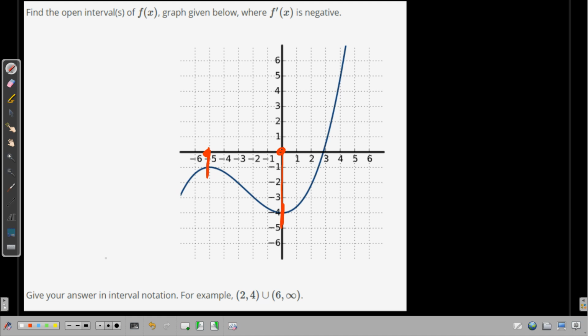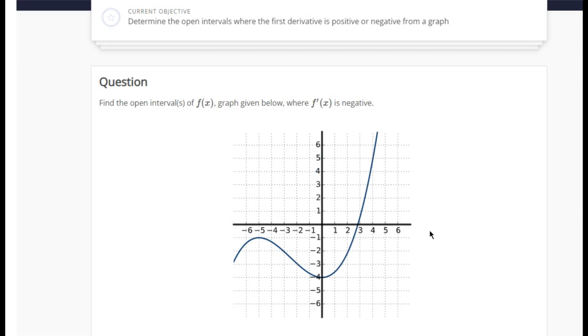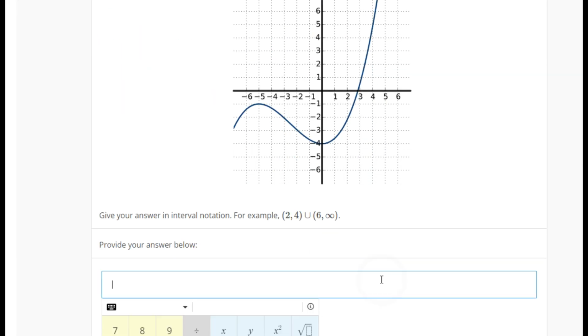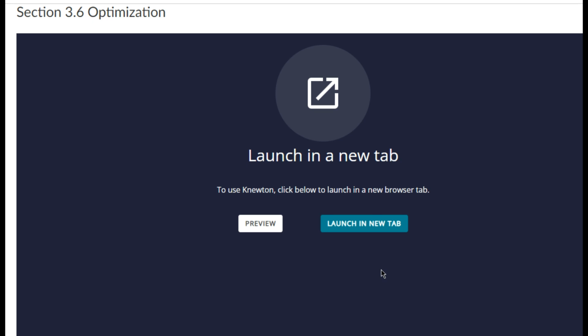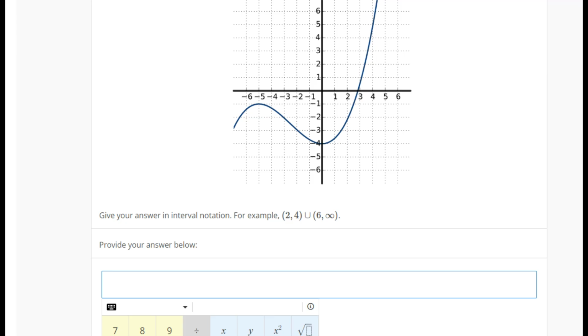Now I can't include either of those points because at both those points it appears to be 0, which is not negative. Right, so we will type in our answer as, oh dang, I pressed the wrong button. Sorry. We will type in our answer as from -5 to 0.